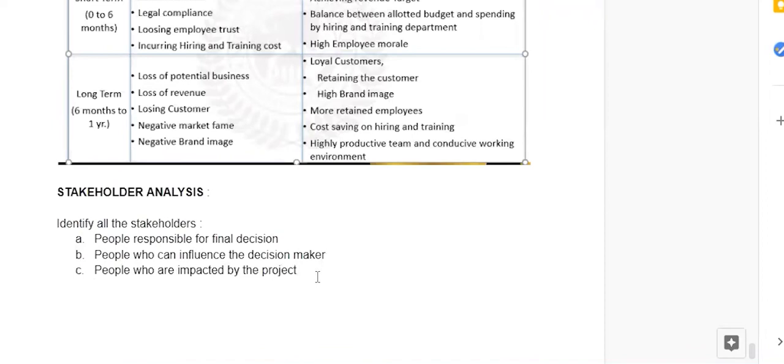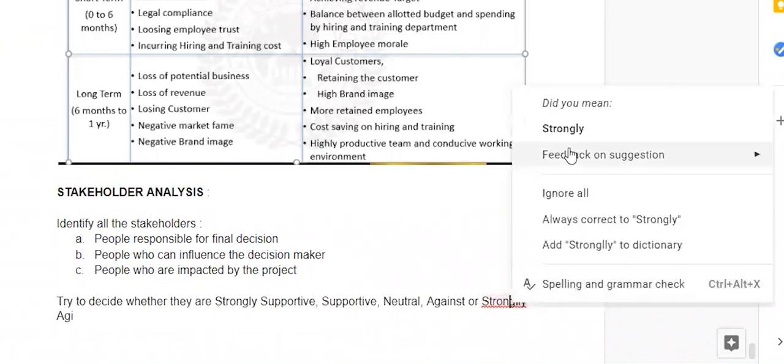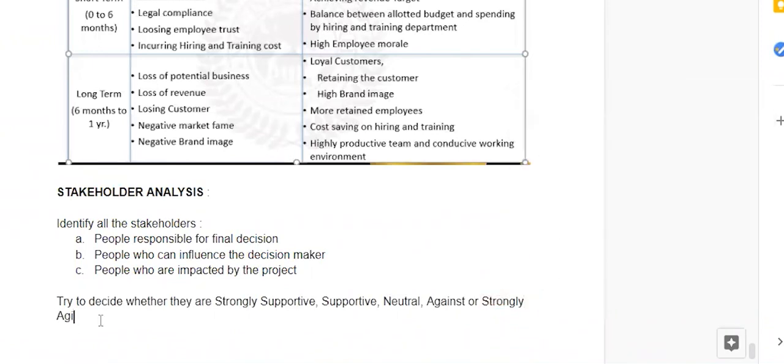Okay, by the project. You will map the stakeholders. You will try to decide whether they are strongly supportive, neutral, against, or strongly against the project.